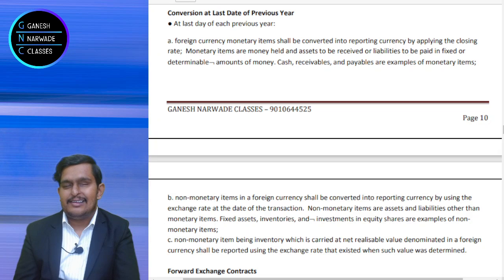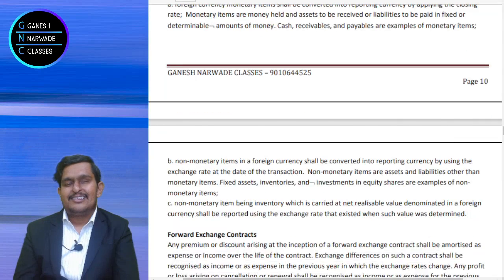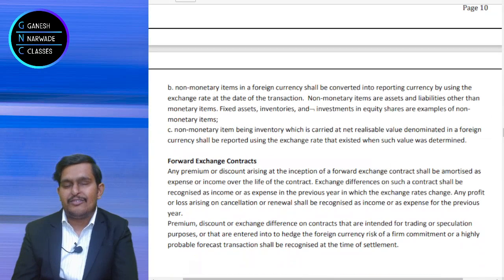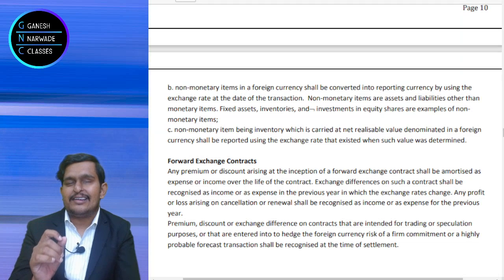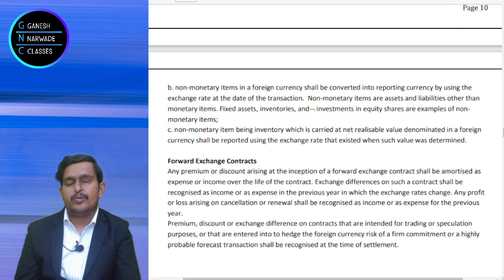ICDS 2 says we have to take it, then convert the net realizable value into Indian currency. Then compare the cost in Indian currency with the net realizable value in Indian currency, and whichever is lower you should record inventory at. Clear? Shall I go forward?